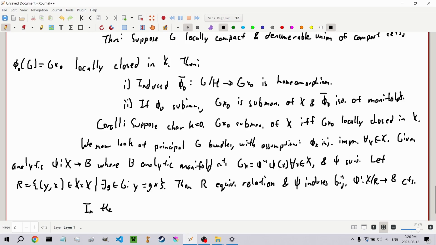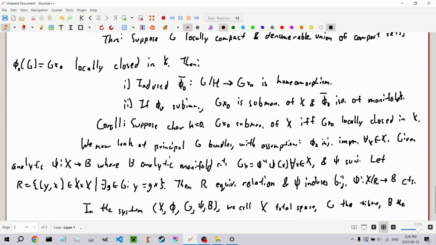But in the system consisting of our analytic manifold, our maps phi, our Lie group, and the psi and B from above, we call X the total space, G the fiber, and B the base.